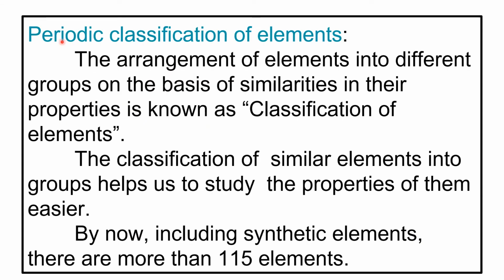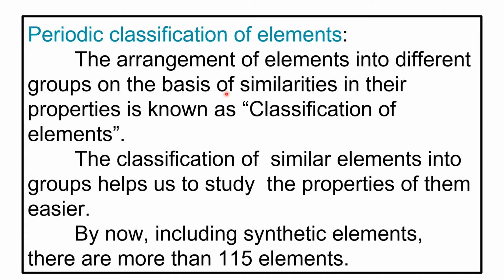Periodic classification of elements. The arrangement of elements into different groups on the basis of similarities in their properties is known as classification of elements. So here the first topic is classification of elements. What is classification of elements? Classification of elements means it is the arrangement of elements into different groups.